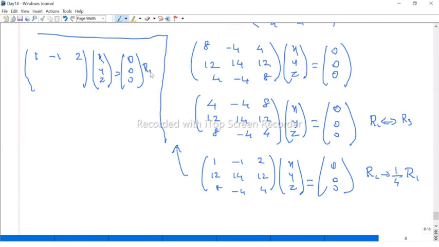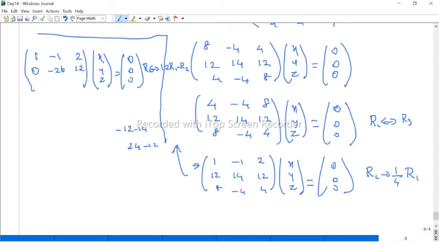The second row is replaced: multiply the first row by 12 and subtract the second row. 1 into 12 is 12, 12 minus 12 is 0. Then minus 12, and we subtract 14, therefore minus 26. And here 2 into 12 is 24, minus 12, you get 12.